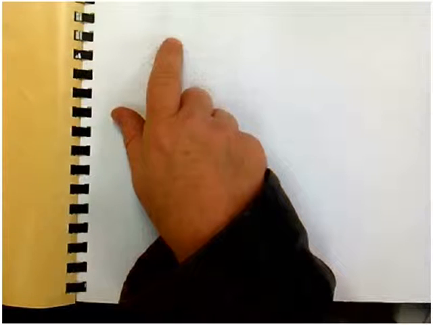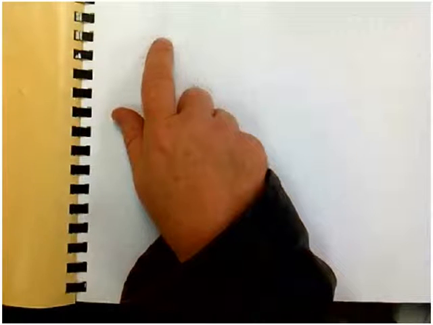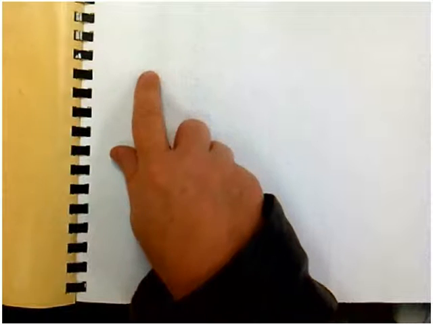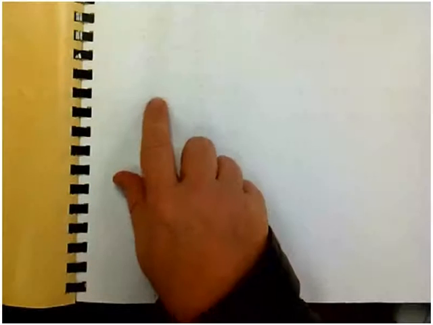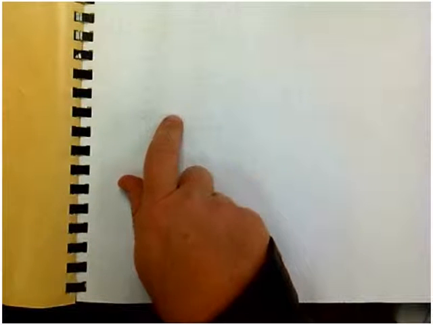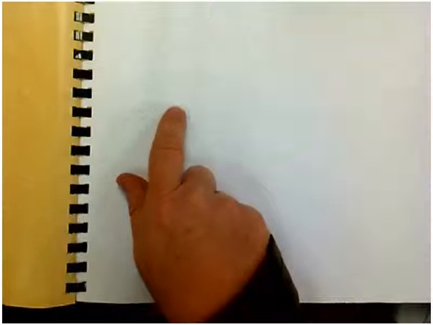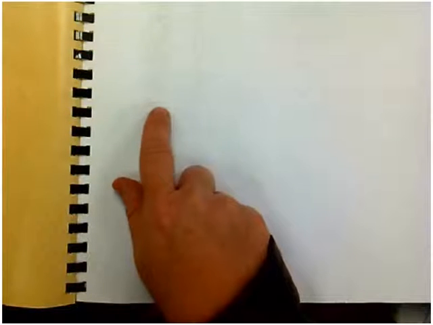Boom, we know it's parallel lines. Then we could show that a pair of alternate exterior angles is congruent. Or we could show that a pair of consecutive interior angles is supplementary, using that rule that we learned. Or we could show that 2 lines in a plane are perpendicular to a third line. 5 ways we could show that lines are parallel to each other.